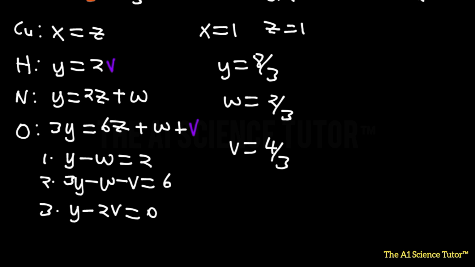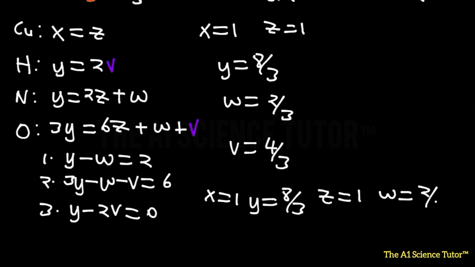So we're going to take these values and plug them into the equation to have X is equal to 1, Y is equal to 8 divided by 3, Z is equal to 1, W will be 2/3, and then V, let us write it here, V is equal to 4/3.